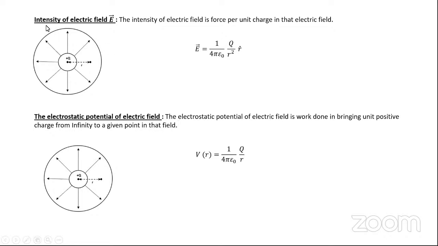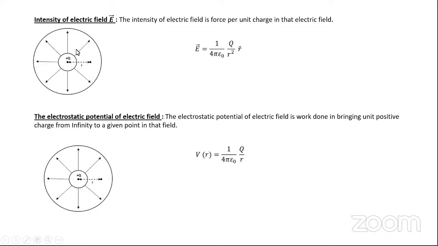So first of all, this is the intensity of electric field, intensity E, right? The intensity of electric field is nothing but the force per unit charge in that particular field. Here I have shown the electrostatic field produced by the plus charge q in the vicinity of that charge.